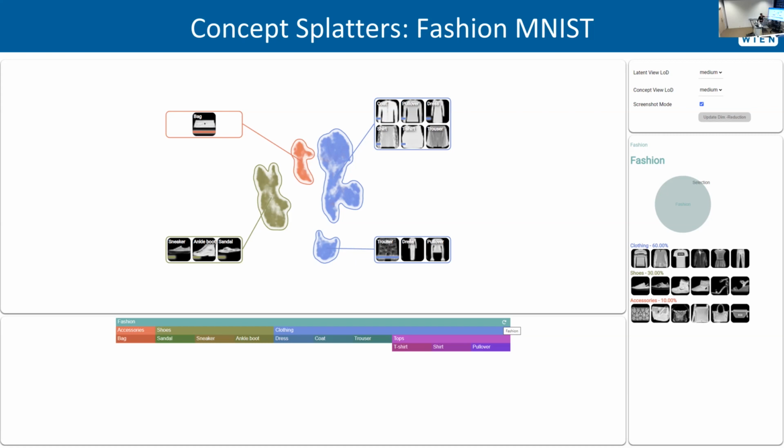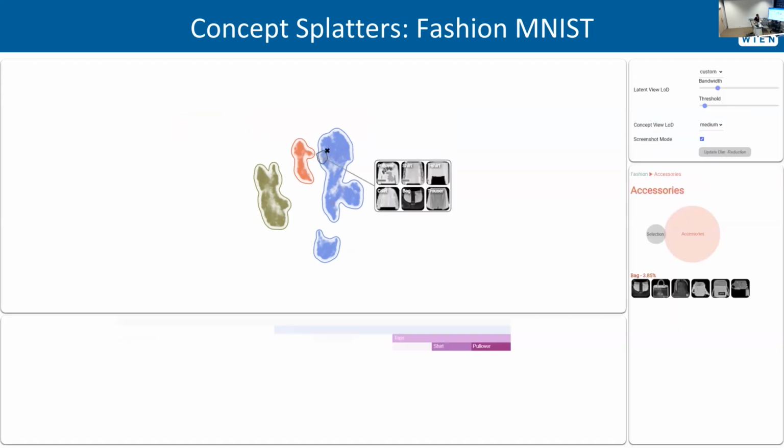The linking works in a way that if I just hover one of these categories here, it shows the insets for this specific category, and the detailed view then shows more examples. What it also helps with is that if I want to inspect some outliers of a specific concept that I expect in some of the other concepts, I can just draw a selection in projection space, and then I see the distribution in my concept space.